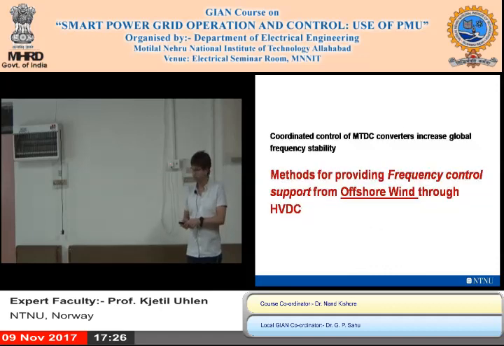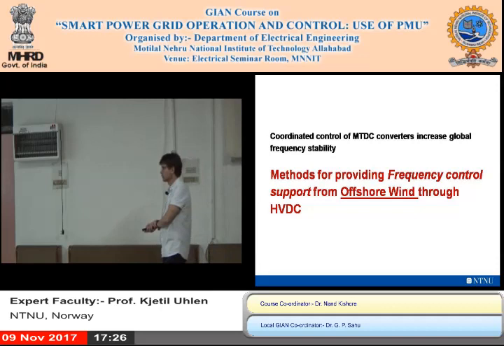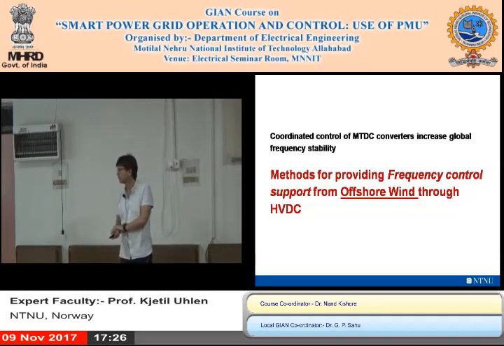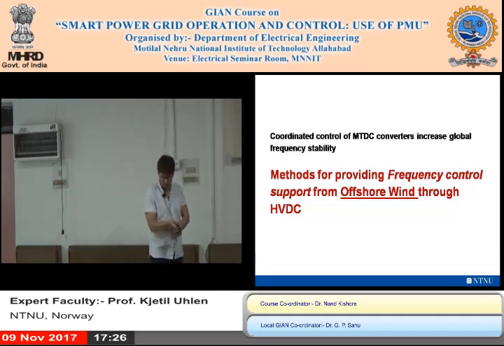Then I think the final example I will do today is on frequency control support from offshore wind, which is of particular interest in the North Sea, with the expectation of very high amounts of wind energy.